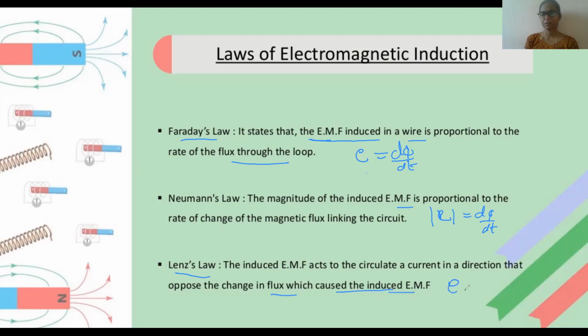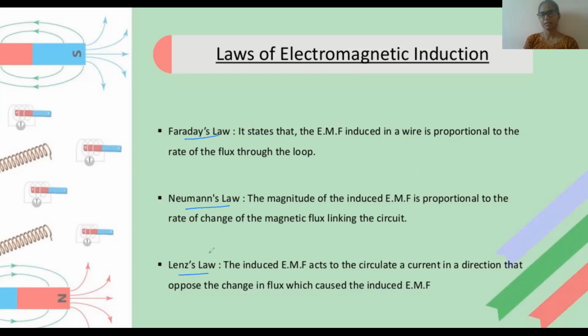That means e is equal to minus d phi by dt. All these laws, when we go to higher classes, you are going to understand clearly, and to solve the problems these ideas are required. Try to understand those laws: Faraday's law, Neumann's law and Lenz's law.